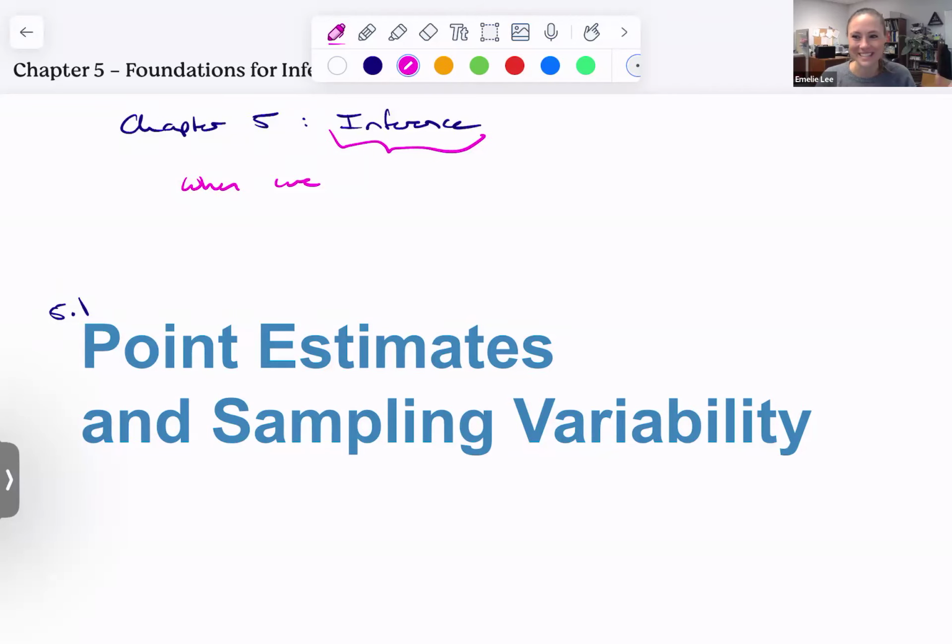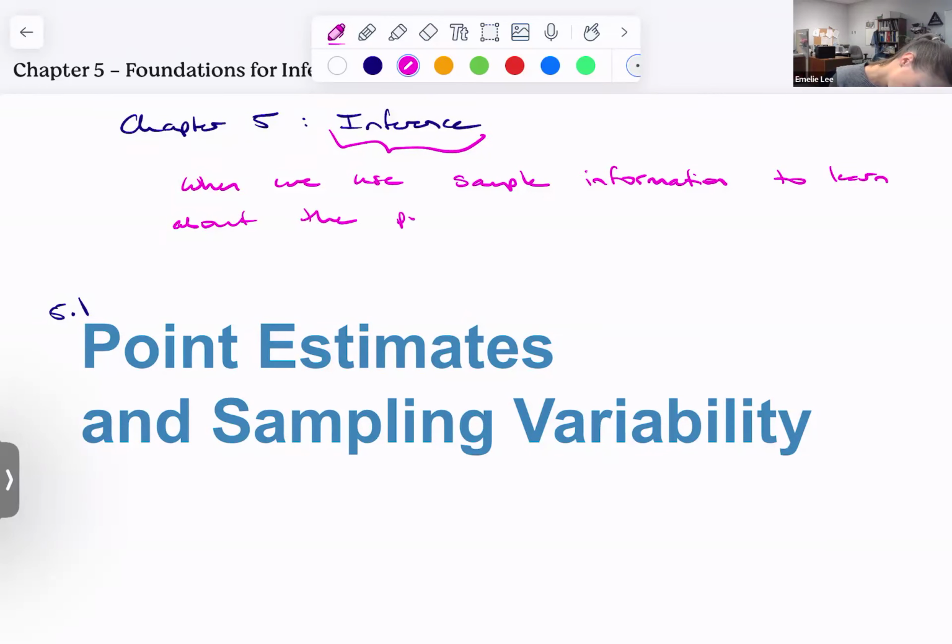Yes, it is. They're the same. Statistics is at its heart inference. So when we use sample information to learn about the population.